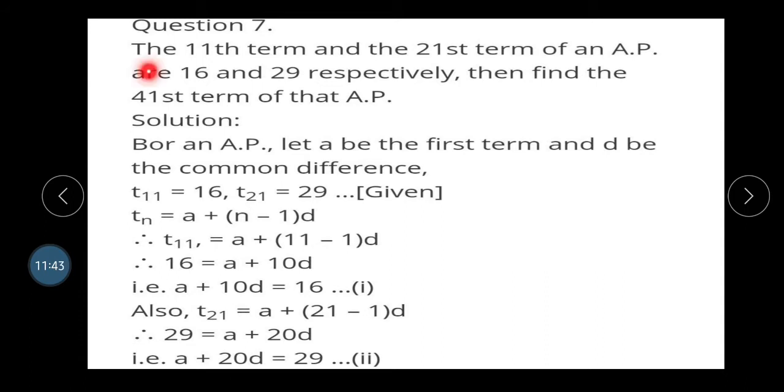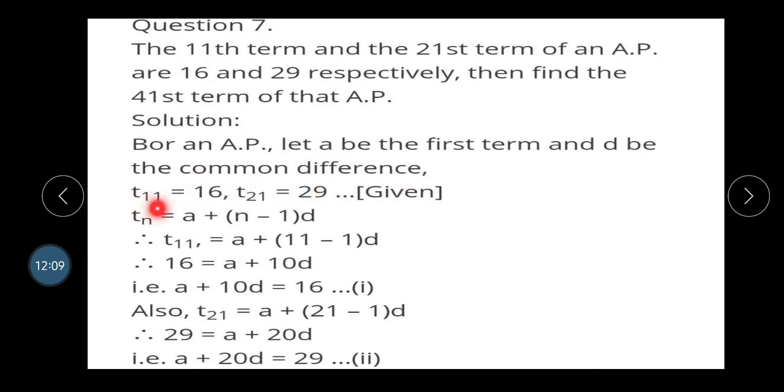Question 7. The 11th term and 21st term of an AP are 16 and 29 respectively. Then find the 41st term of that AP. Let A be the first term and D be the common difference.